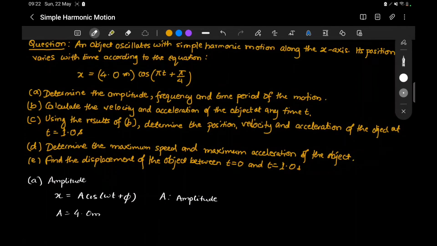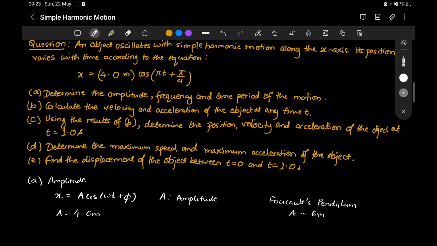This is quite a big number for an amplitude, but if you have heard of the Foucault's pendulum, you can read more about it. It has an amplitude of about 6 meters. It is suspended by a very long cable, and this is a very long pendulum, which is an experiment used to demonstrate Earth's rotation.